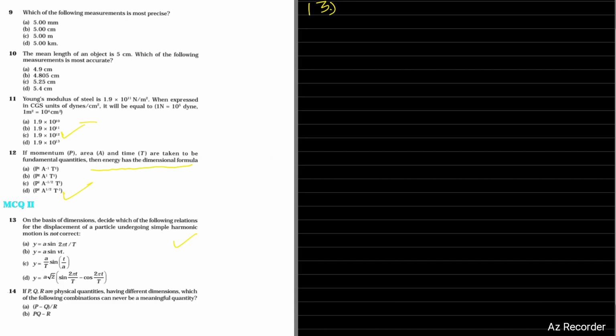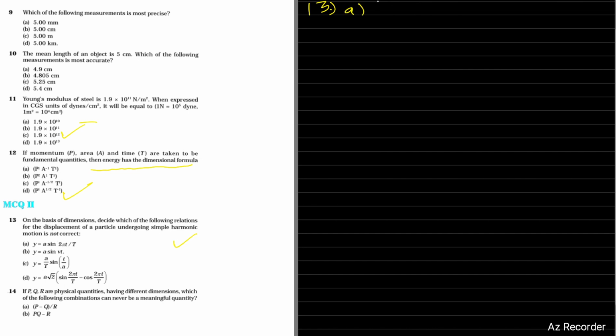It is saying which is not correct. So students must see that. Okay. So we'll check one by one all the options, that left hand side and right hand side are both equal or not.